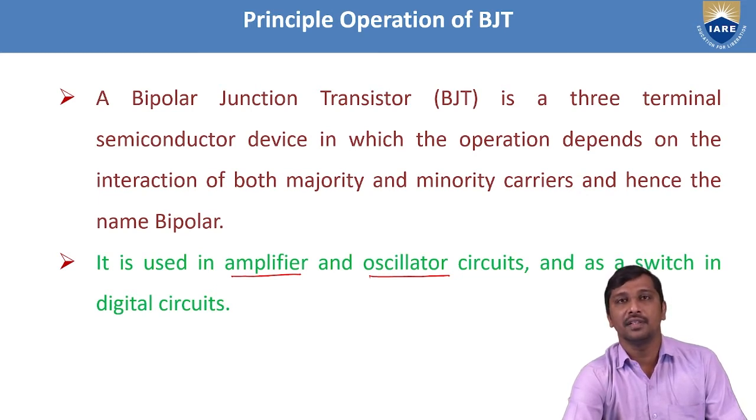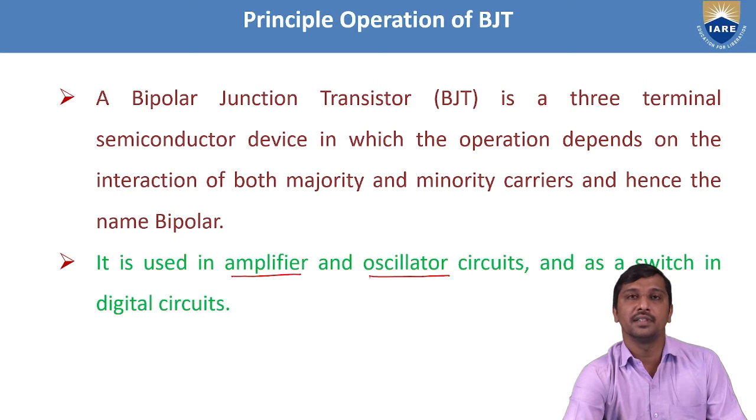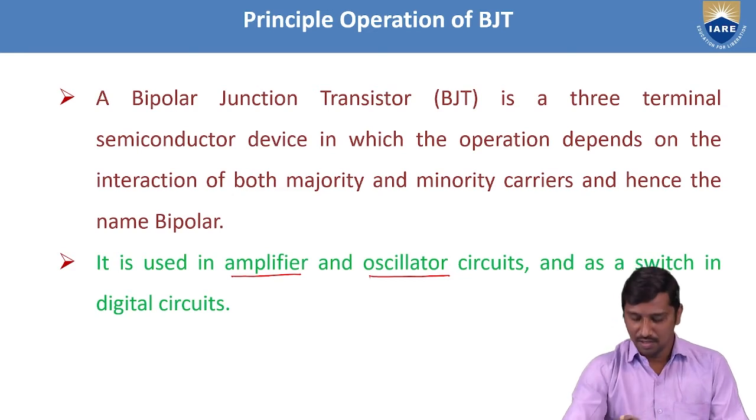Based on these states, the transistor acts as a switch, producing off-state levels as well as on-state levels. That we will discuss in the applications of the bipolar junction transistor.